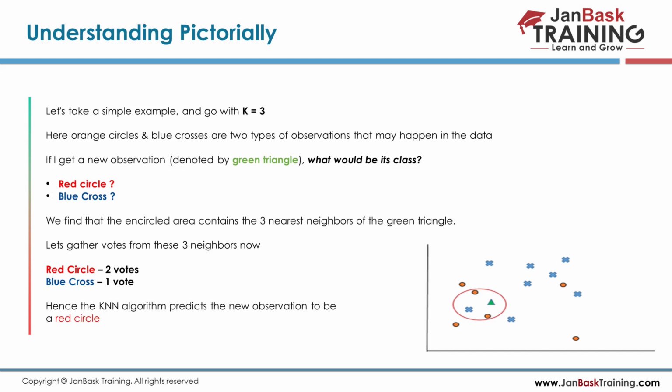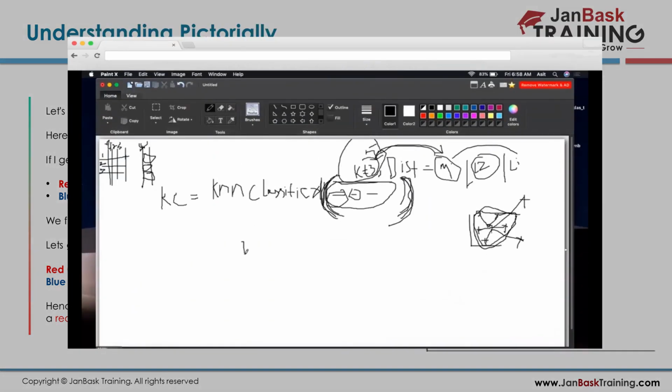With 7 divided by 2, it is 3.5, but the count cannot be a float, it must be an integer, so one class could be 2 and the other 5, or 1 and 6. Suppose with 7, I have taken 3 and 4. So that's why we are taking an odd value.